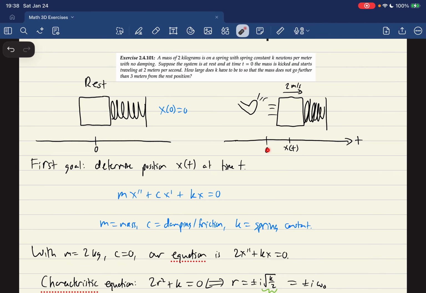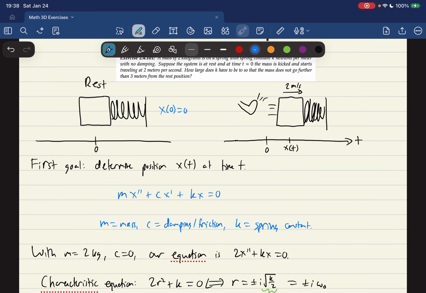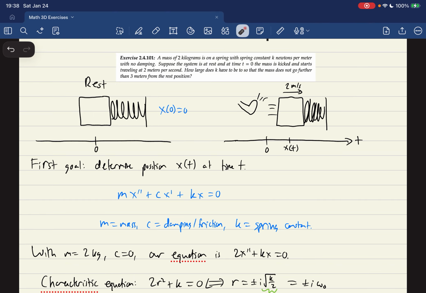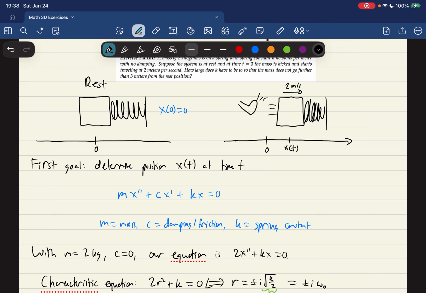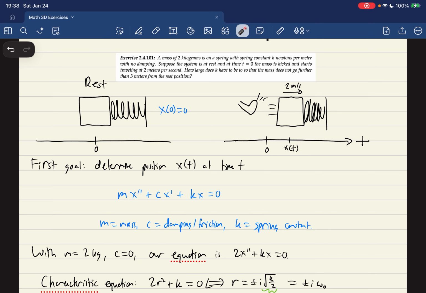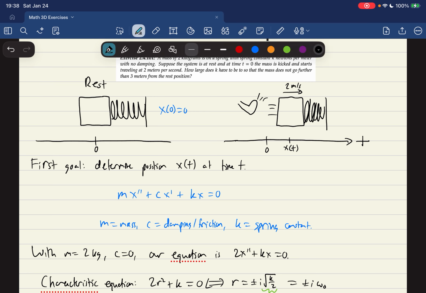Over here, at the instant it was kicked, it gains a velocity of 2 meters per second. And because I chose this direction, coinciding with the velocity, to be the positive side of my number line, this tells me that x prime at 0 has to be 2.